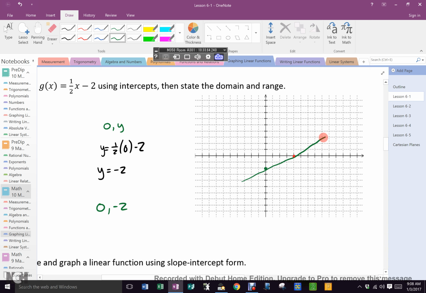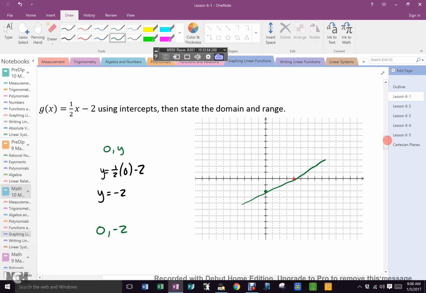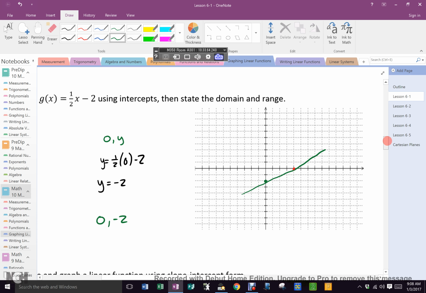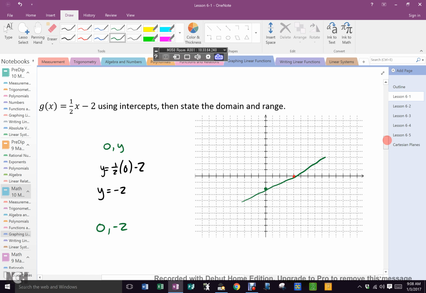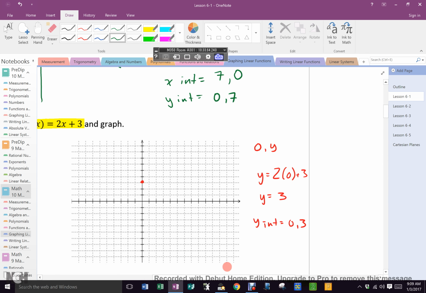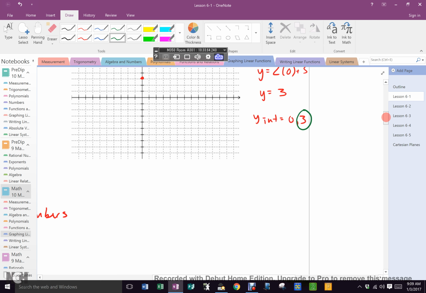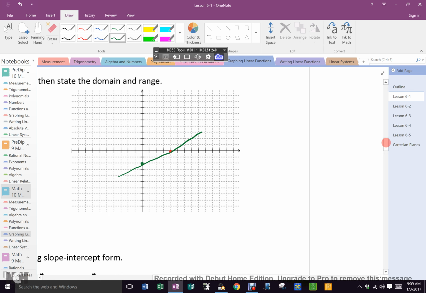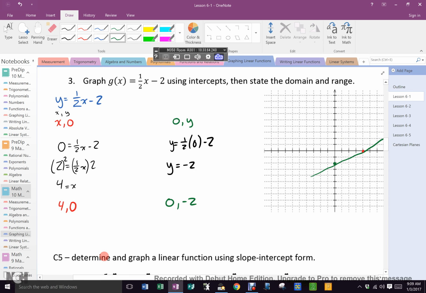Is everybody good? Now, I want you to notice something. Because remember, if it happens twice in math, it's going to always happen, right? Look at the y-intercept here. What was it? 3. Everybody see that? Look at your next one. What was the y-intercept?